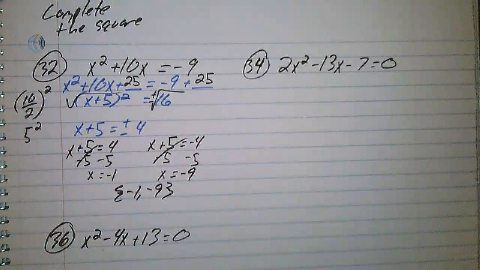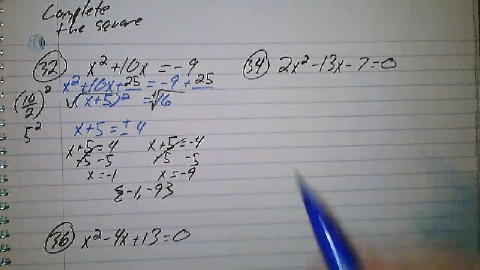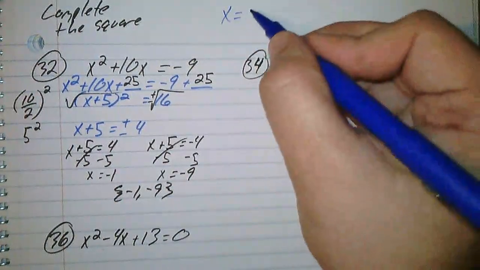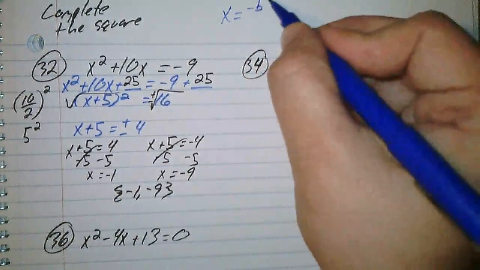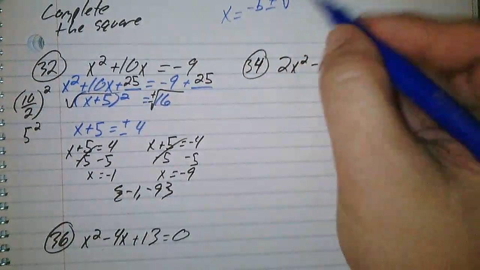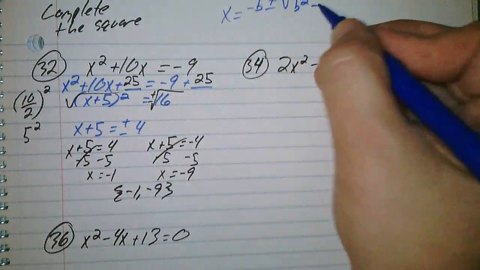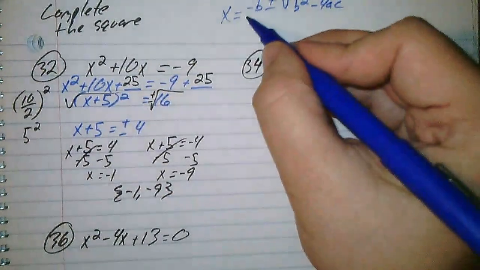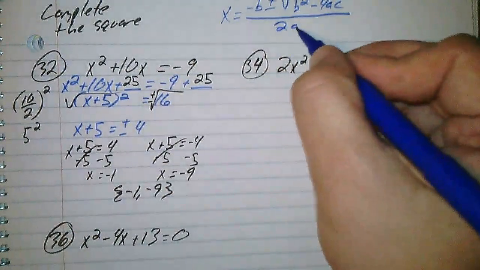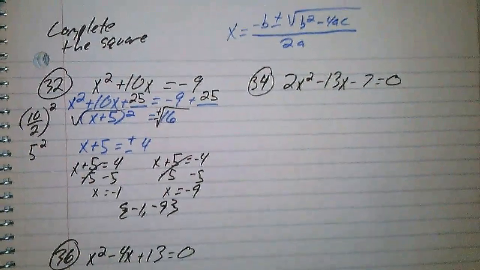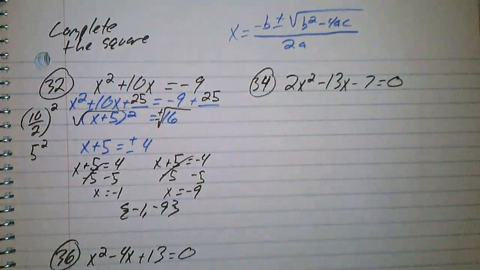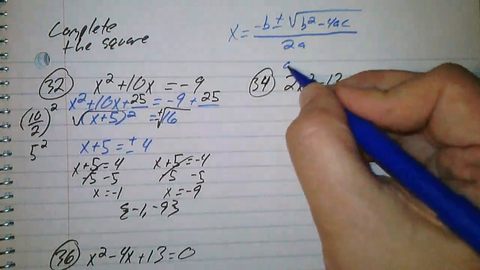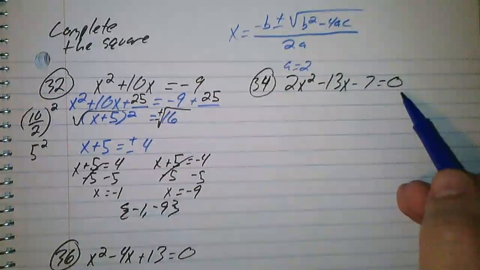And then we get into the quadratic formula, which I don't mind writing on the board during a test, but it's x equals negative b plus or minus the square root of b squared minus 4ac. And then all of this is divided by 2a. So my a value is 2 because we're set equal to 0.